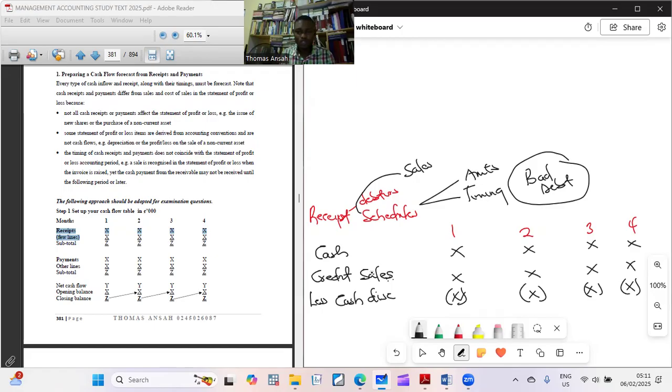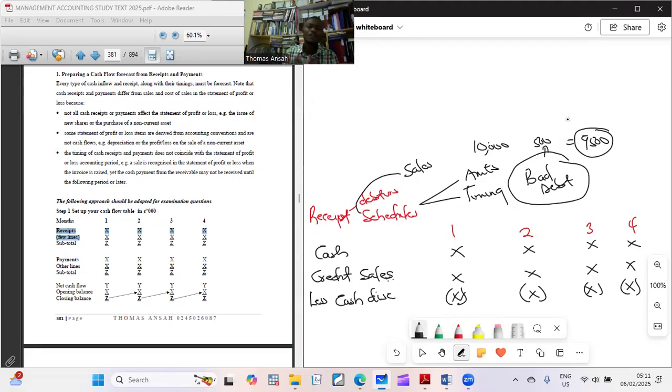So let's say you sell something to somebody for 10,000 and you are told that bad debt is, let's say, 500. Then the amount to actually collect, even from the point of sale of the credit sale, is actually 9,500. And so this is what you focus on.